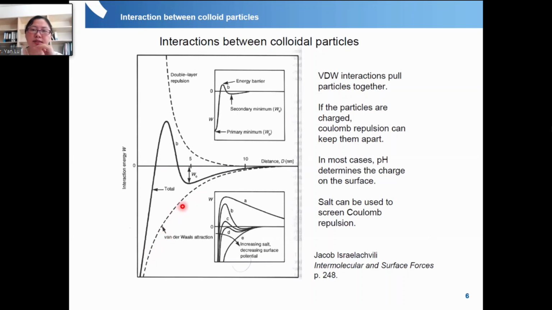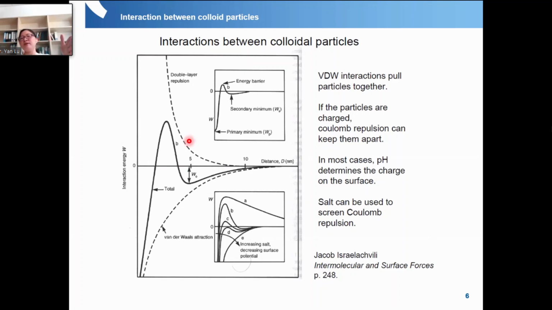This van der Waals interaction will try to pull the colloidal particles together. And if the particles are charged, then we have electrostatic repulsion, which you can also call Coulombic repulsion. This Coulombic repulsion will try to keep the particles apart from each other.